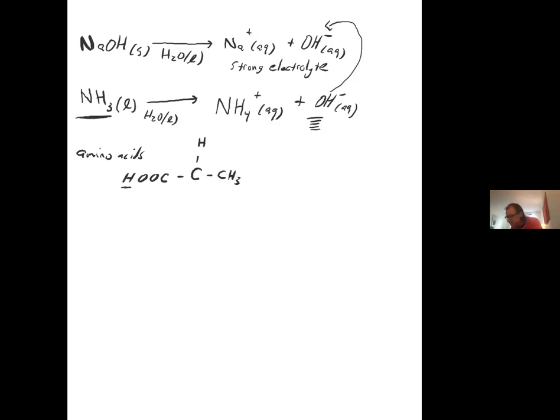And then typically it has an NH2 group here as well. Look at that nitrogen. It's bonded to two hydrogens and it's bonded to a carbon. So that's actually a base right there. So amino acids are interesting molecules in that they're acids, right? You've got the hydrogen and then the negative charge, and then you've got the base with the nitrogen as well.